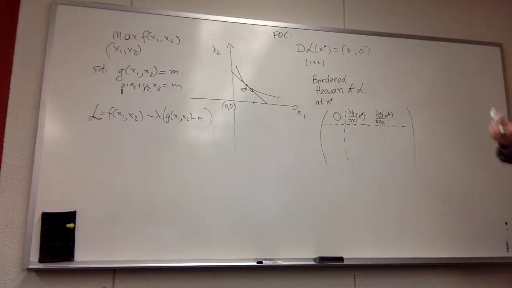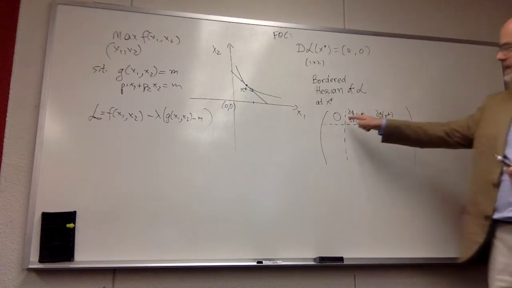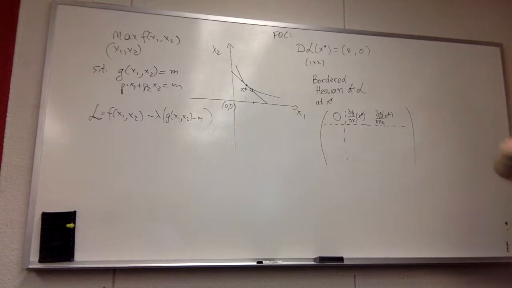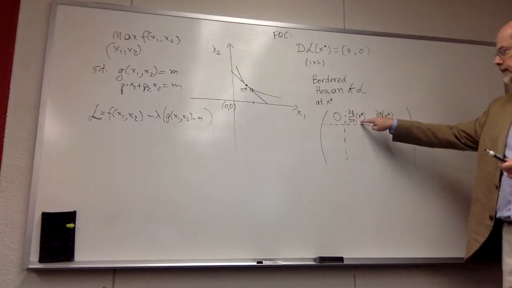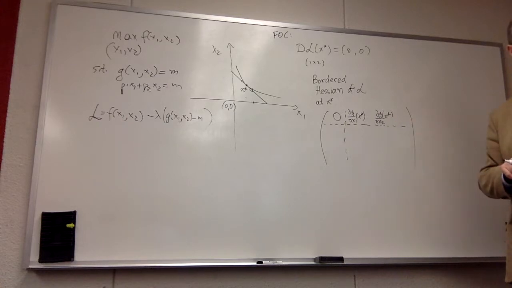Okay, so now I have filled out the one side of the border. So what did I do? I started with 0, and then I did a derivative of the constraint with respect to x1, and then with respect to x2.